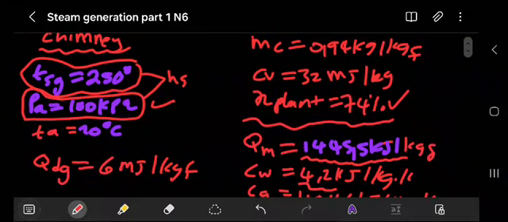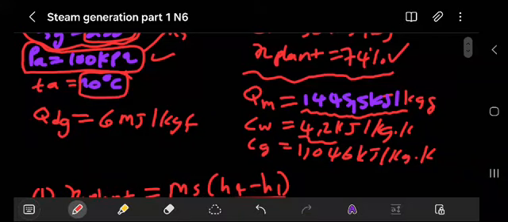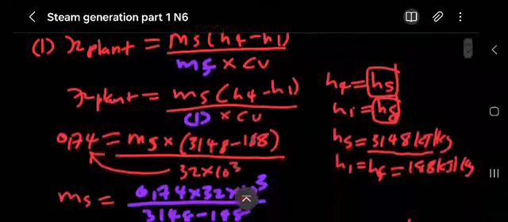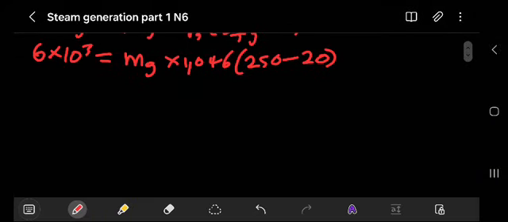As you can see, 250, that will be final, the initial one at the base. Then the base, or the specific capacity of the gas. So this is what we have. Then we find the mass of the gas, the subject, which would be 6 times 10 to the power of 3 divided by 1.046 times 10, 150 minus 20.